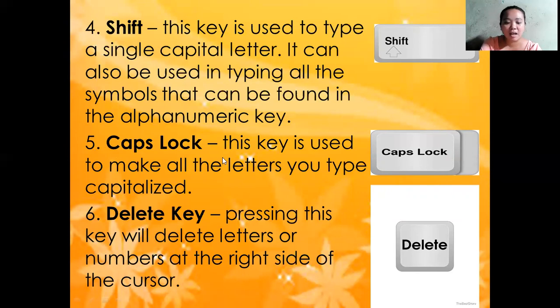Next, the caps lock. This key is used to make all the letters you type capitalized. And we have the delete key. Pressing this key will delete letters or numbers at the right side of the cursor.